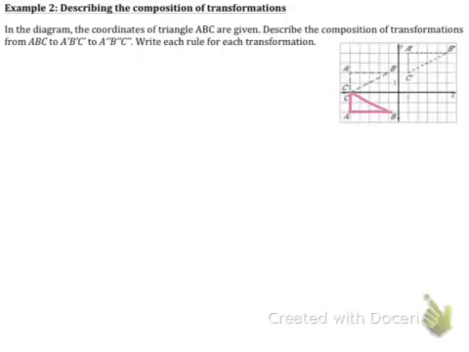Then triangle ABC is transformed in some way, we don't know yet, to the teal triangle that I highlighted. I know that is the next triangle because each of the letters only has one prime, so that's the first transformation that's performed. Triangle ABC goes to triangle A prime, B prime, C prime.